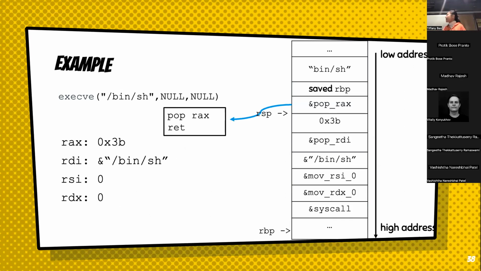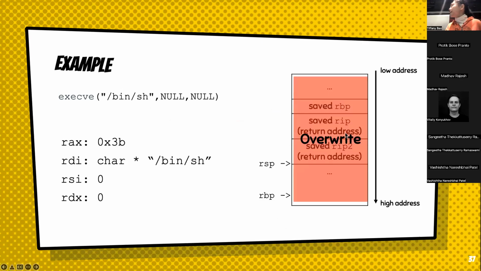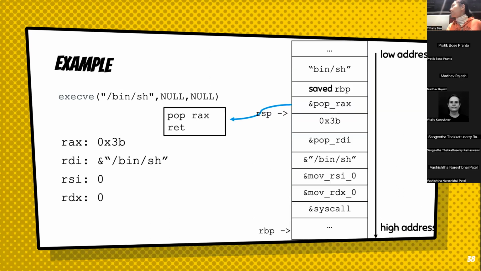Now let's continue and see how we're gonna make that. Remember that this place originally stores the return RIP, right? Right after the saved RBP is the place that stored the original saved RIP. Going to this picture, it goes to here.